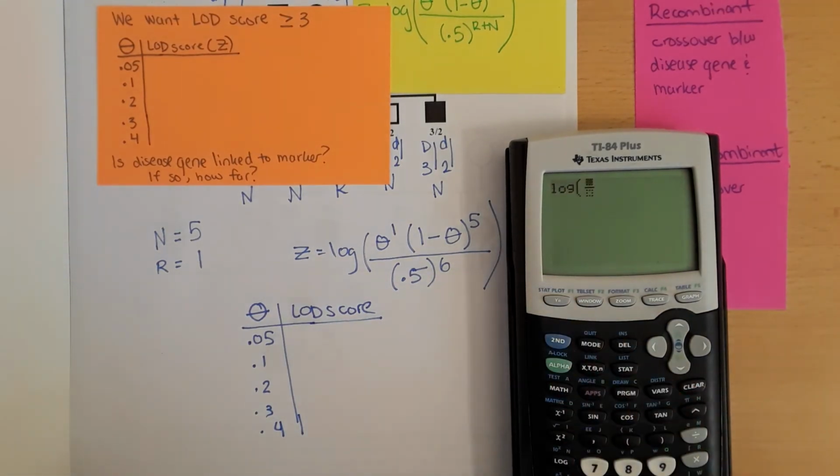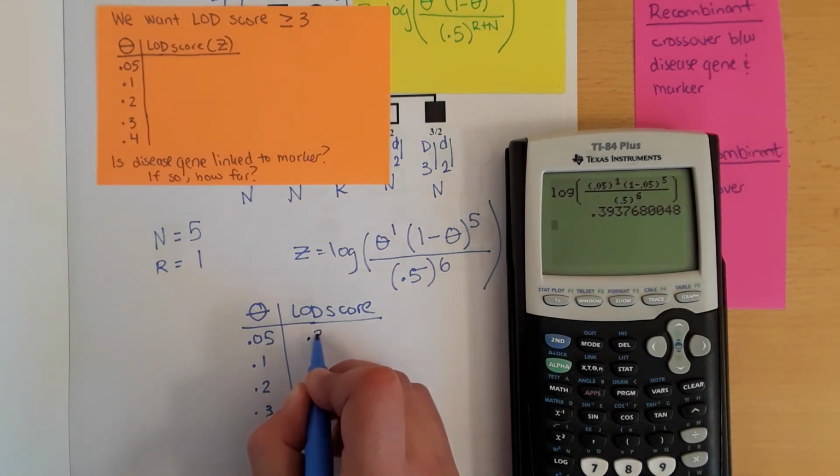I'm going to start with 0.05. So 0.05 to the first, 1 minus 0.05 to the fifth over 0.5 to the sixth. That will give us 0.39.